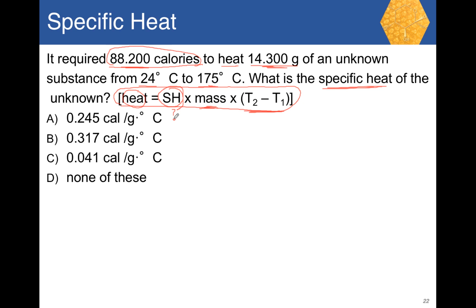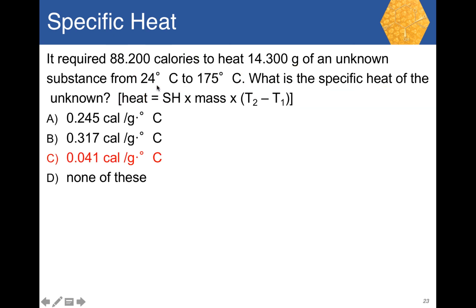So you'll have to use your algebra again to solve for that unknown. Notice T2 minus T1 is the difference between 175 degrees C and 24 degrees C. Make sure you can do that calculation. I can tell you from now, you will see it on the quiz and on the test. So again, the answer is on the next slide. So go ahead and do the calculation and see what you get.